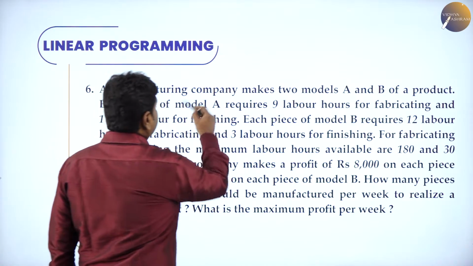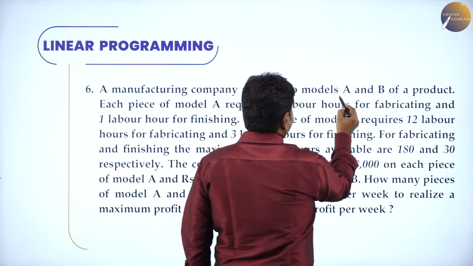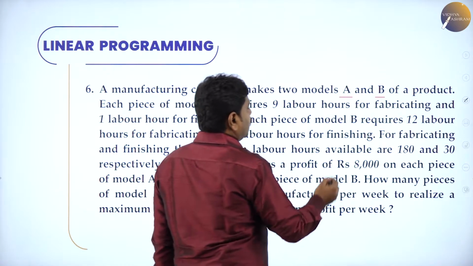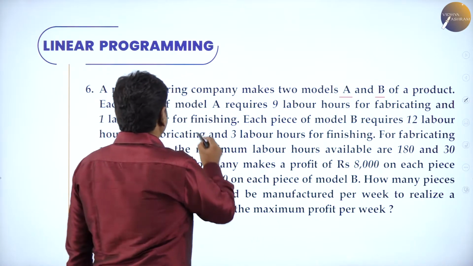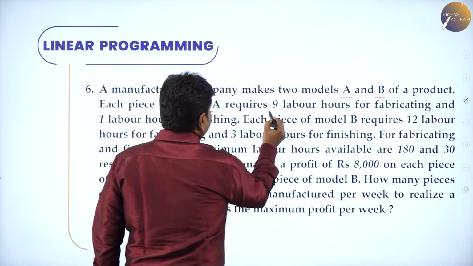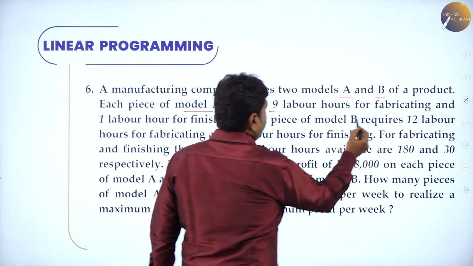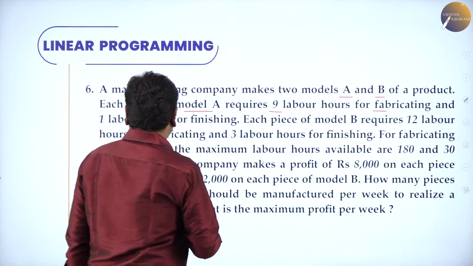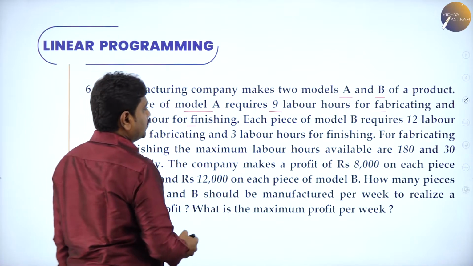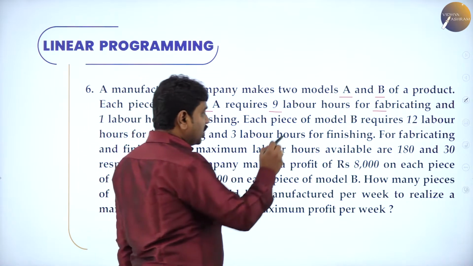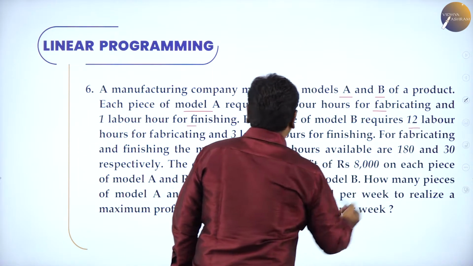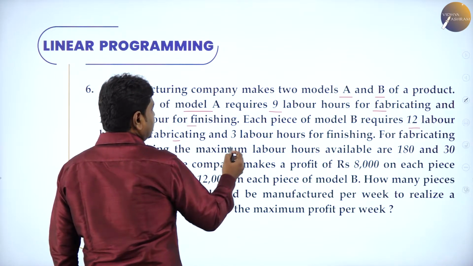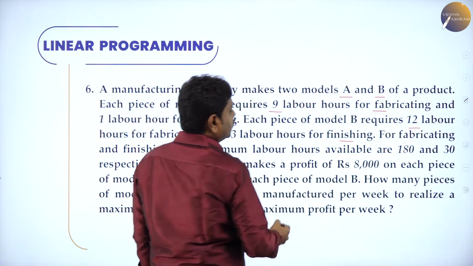A manufacturing company makes two models, A and B, of a product. Each piece of model A requires 9 labor hours for fabricating and 1 labor hour for finishing. Each piece of model B requires 12 labor hours for fabricating and 3 labor hours for finishing.